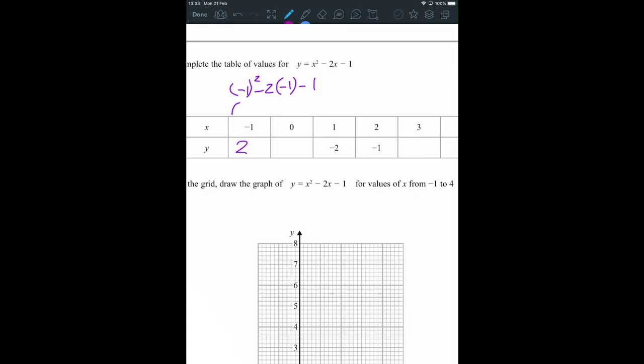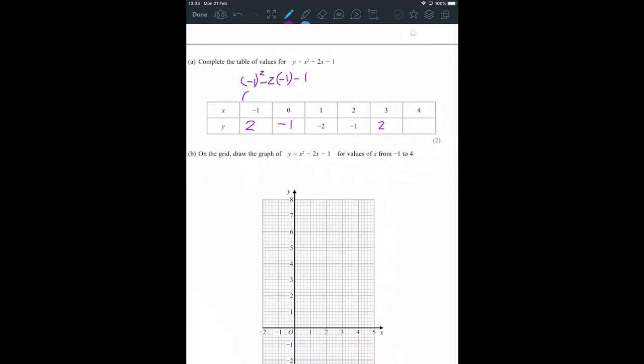That comes out as 2. Subbing 0 in, that's -1. Subbing 3 in, and then finally subbing 4 in. We get all of our coordinates that we require.